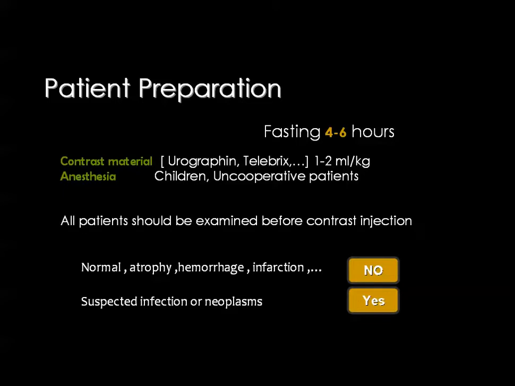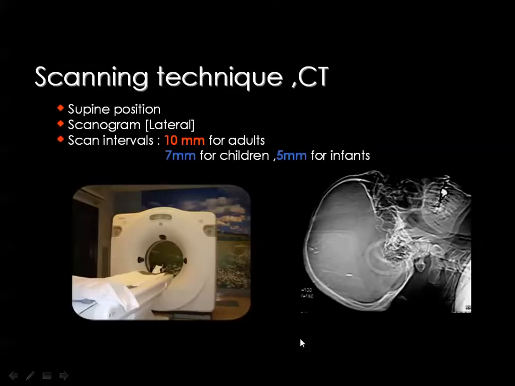And we do not usually need the help of contrast media if the examination is normal, or there is some atrophic changes, or there is some hemorrhage or infarction. Then we'll expose all these facts along with going through this course in full details.